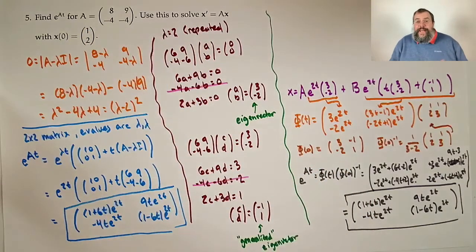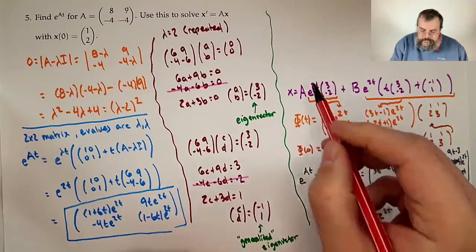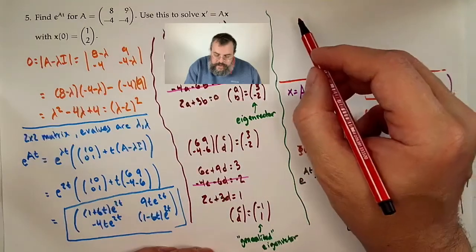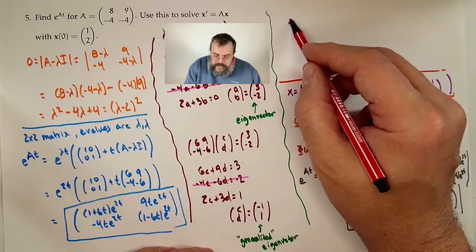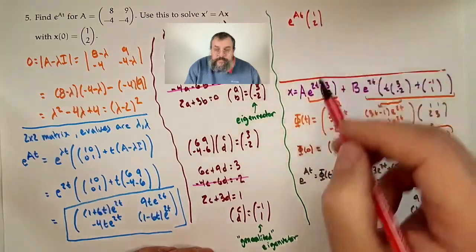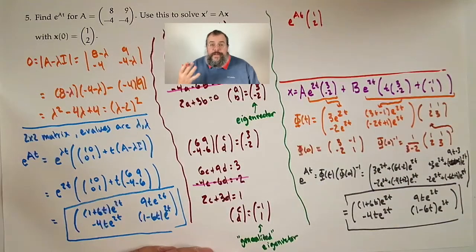But once you have e to the at, that's basically a freebie from that point on. So the last step, and put it in the upper right corner here. We're going to have our e to the at times our initial conditions. Whenever you have the e to the at matrix and you have initial conditions, it's super easy.